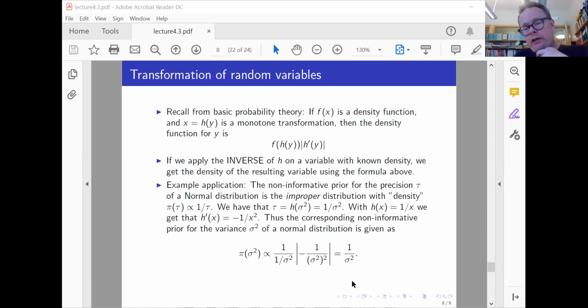So maybe counterintuitively, if you transform from the tau improper density to the sigma squared improper density, it has exactly the same form, 1 over sigma squared. That's nice in a way also.